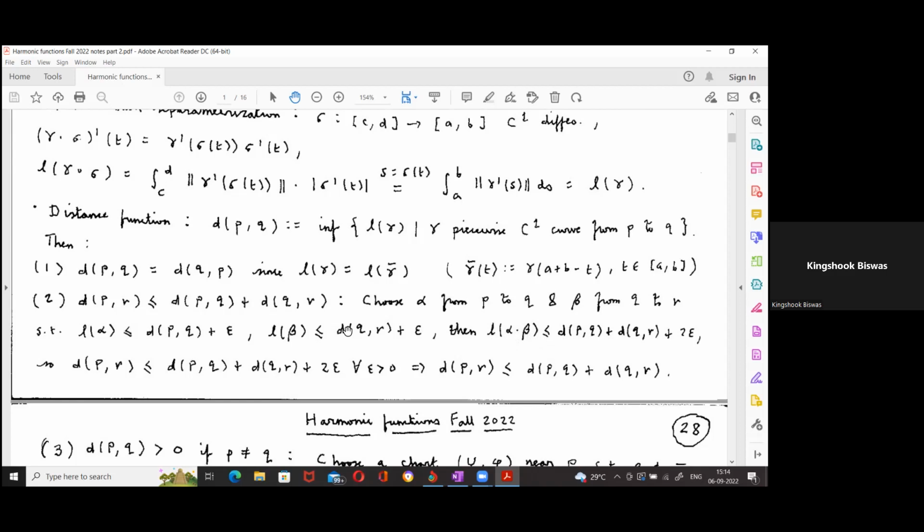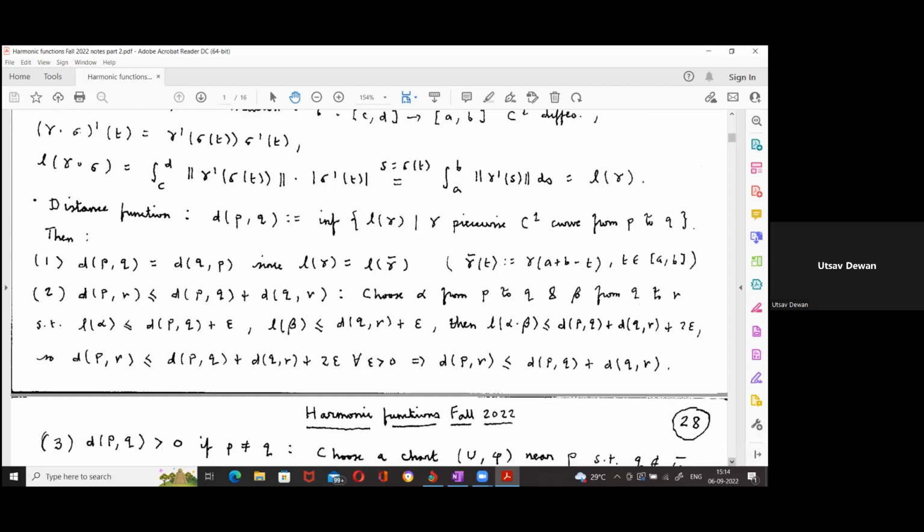And so the distance between P and R is going to be less than or equal to the length of alpha dot beta by definition. So therefore, it's less than or equal to d(P,Q) plus d(Q,R) plus 2 epsilon. And this is true for all epsilon positive. And so therefore, we get the triangle inequality: d(P,R) is less than or equal to d(P,Q) plus d(Q,R). Is this okay? Yes, sir.